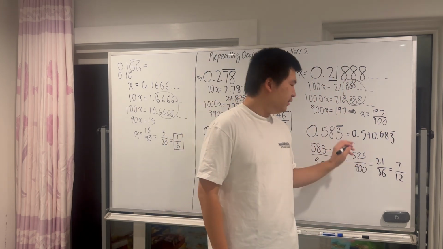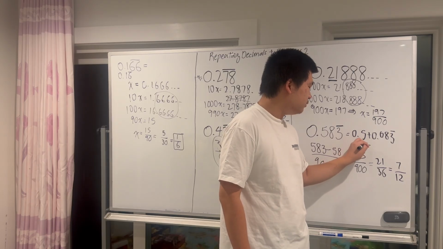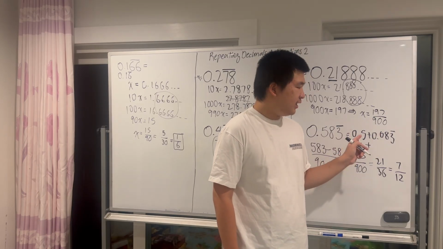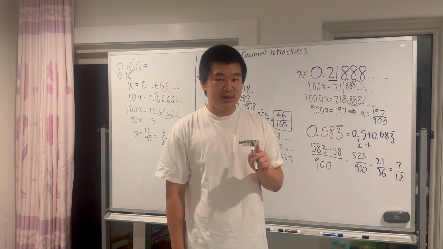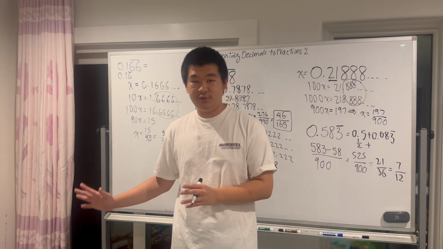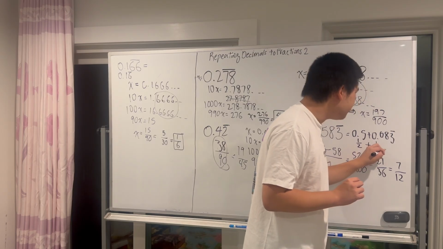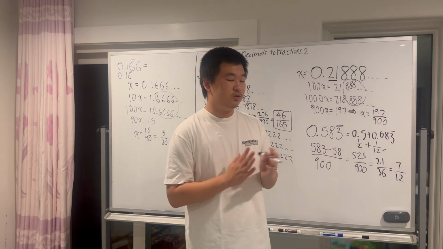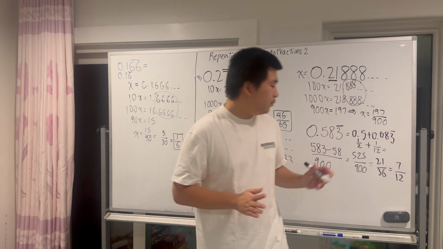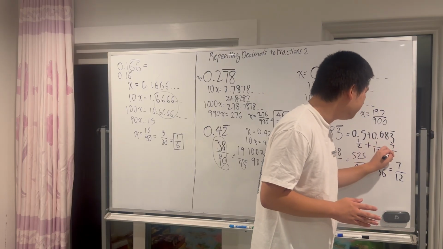Well, 0.5, that's just 1/2. 1/2 plus, and if you know your fractions, you can recognize 0.083333 as 1 over 12. That is the really important part. So now this actually just turns into fraction addition, and it's 1 over 2 plus 1 over 12, which is of course 7 over 12.